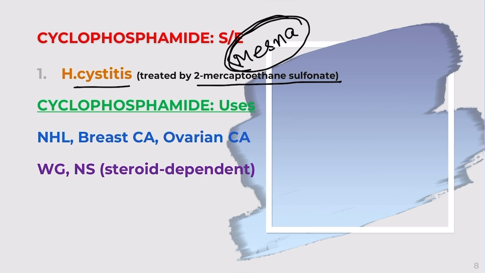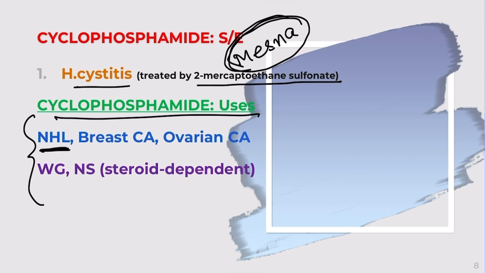Now, this is another question. Cyclophosphamide uses. I have told you all the anti-cancer drugs have specific indications and specific side effects, but you have to remember few. Okay, so try to remember indications of cyclophosphamide, because cyclophosphamide is a very important drug.